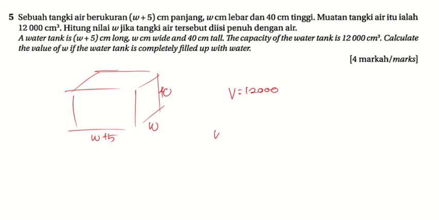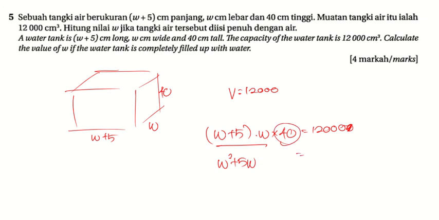So volume is W plus 5 times W times 40 equals 12,000. So here will be W squared plus 5W times 40 equals 12,000. I divide by 40, 300. Okay, so W squared plus 5W minus 300 will be 0.